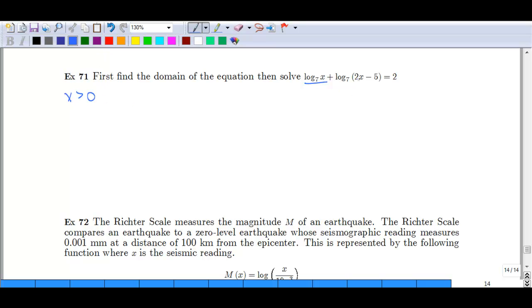And then we look at our second logarithm there, and we know that 2x minus 5 has to be greater than 0. Move that 5 over, 2x has to be greater than 5, and x has to be greater than 5 halves. So this is all encompassing. It includes that x is greater than 0. So we'll just stick with that as far as our domain goes.